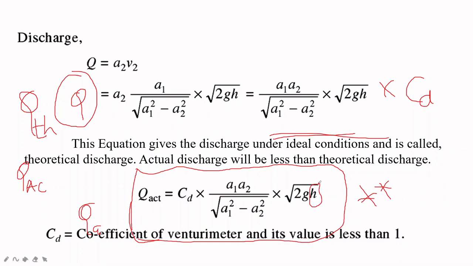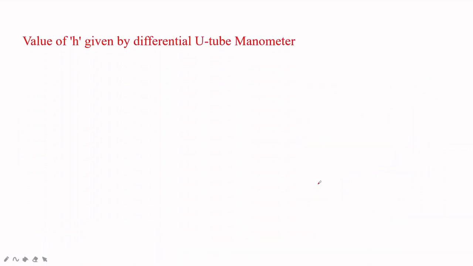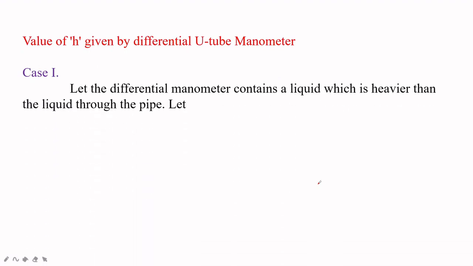whenever we take the U-tube manometer, we have different cases, right? We have already seen them in our first unit. So we will discuss the cases. The value of H is given by the differential U-tube manometer. So case 1: let the differential manometer contain a liquid which is heavier than the liquid flowing through a pipe.